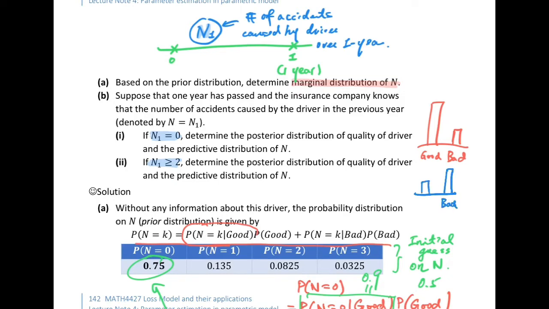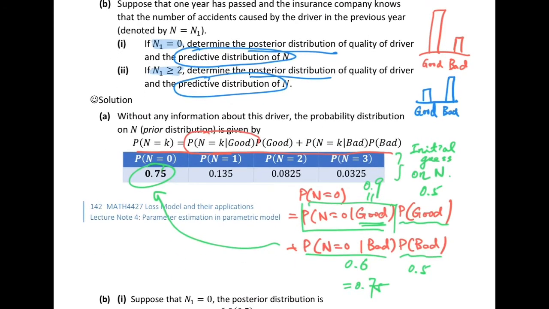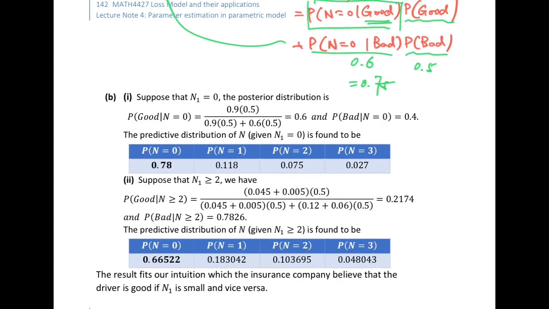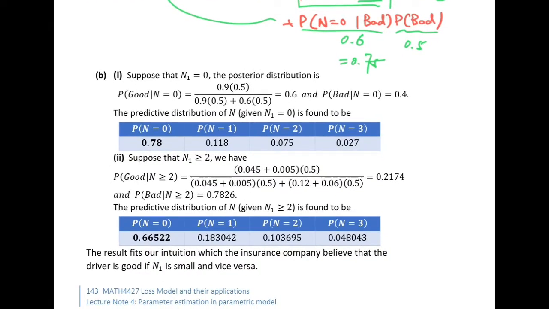So in that case, we expect a higher tendency to believe that this driver is bad. Based on this observation, we try to confirm this by deriving the corresponding posterior distribution as well as the predictive distribution of N, and see what this looks like. Let us do the calculation carefully. First, let us consider the case N1 equals 0.